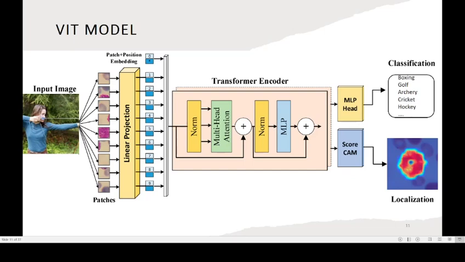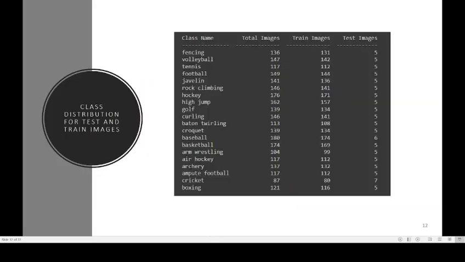Images are initially broken into patches, flattened, and embedded into linear projection layers for dimension reduction. Tokens undergo further embedding and positional encoding before passing through a transformer encoder, where multi-head attention layers and normalization layers enhance information flow. Finally, a multi-layer perceptron layer facilitates accurate image classification, enabling precise identification of human actions.